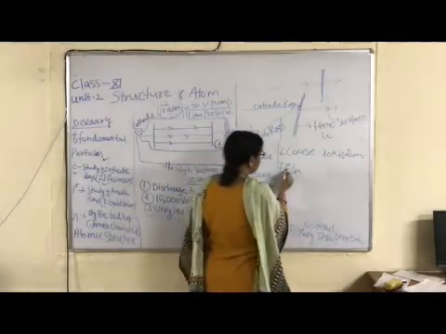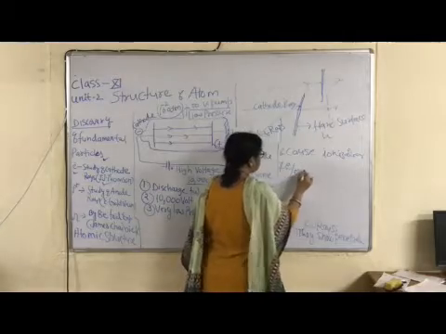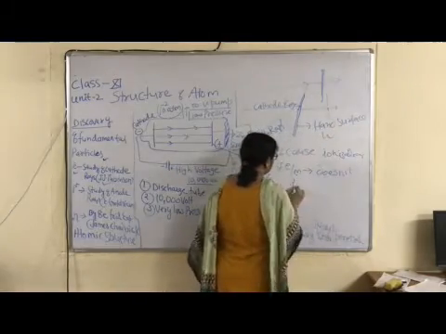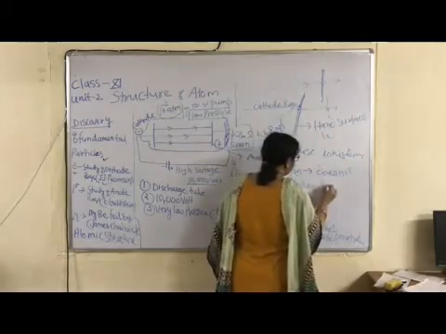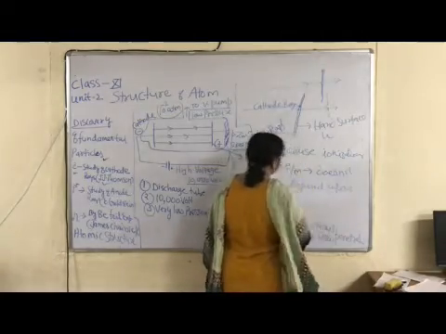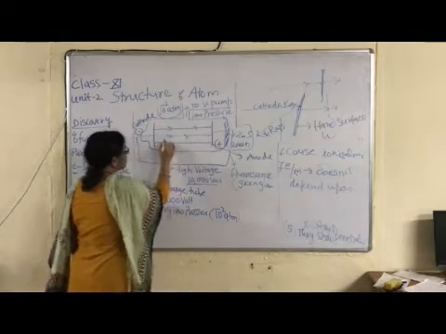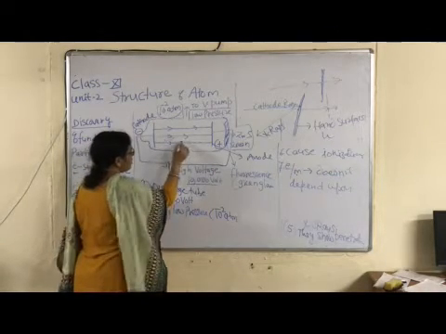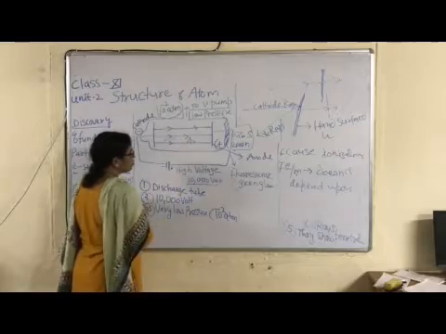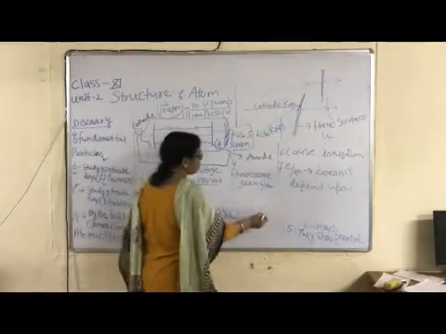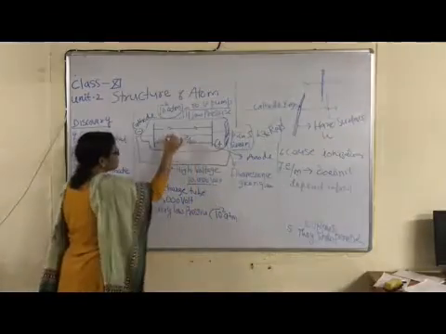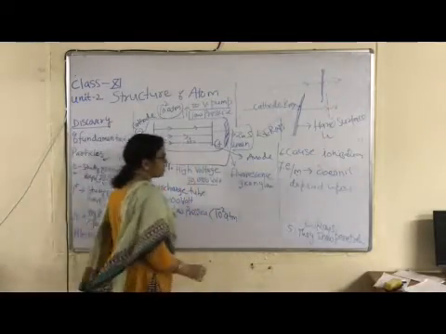The ratio of charge and mass of cathode rays does not depend upon the gas which is present in the discharge tube. Suppose the unknown gas is E2. So this ratio of charge by mass does not depend upon the gas present in the discharge tube.